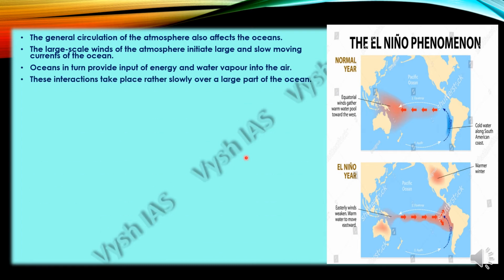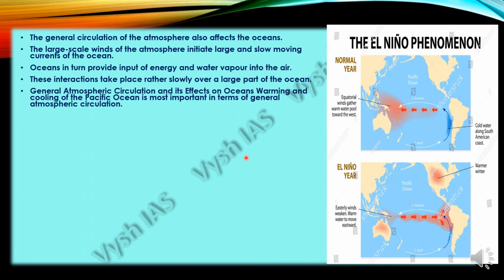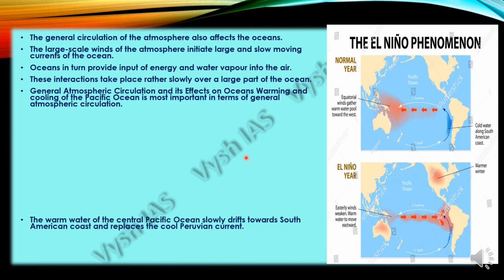And these interactions take place rather slowly over a large part of the ocean, because it takes a lot of time for the water droplets to evaporate and all of that. So the general atmospheric circulation and its effect on ocean warming, and also the cooling of the Pacific Ocean, are the most important in terms of the general atmospheric circulation, because it determines weather in the longer term.